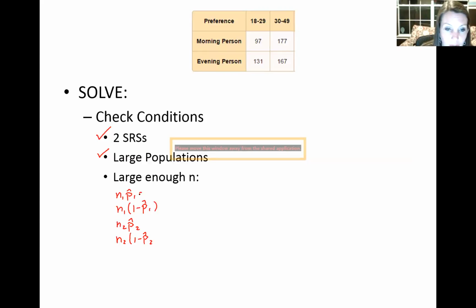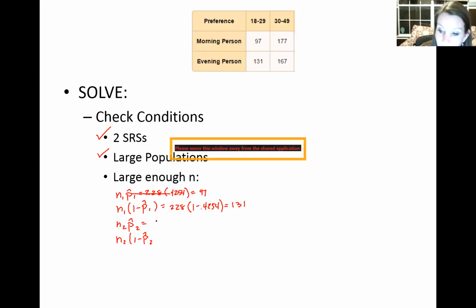So I wrote down all my numbers from the other page. N1 was 228. So we have 228 times P hat 1, which was 0.4254. Multiply those together, then I get 97. Then I have 228 times 1 minus 0.4254, and that's going to give me 131.